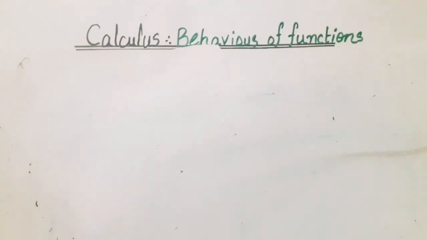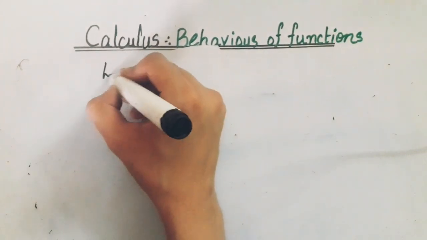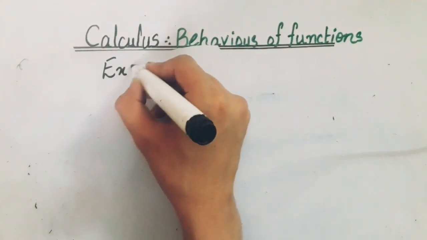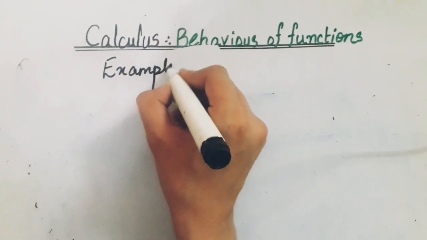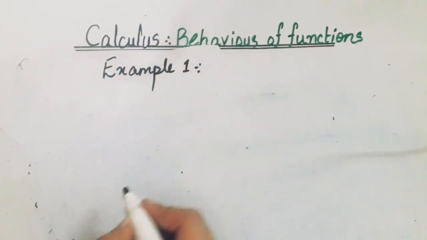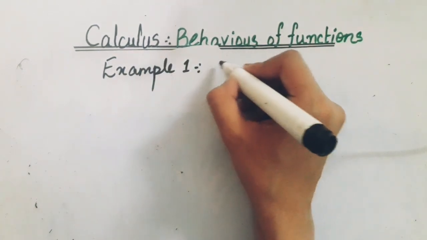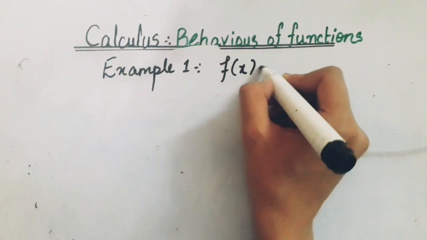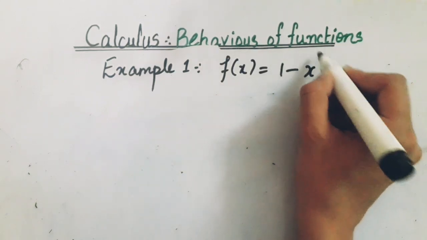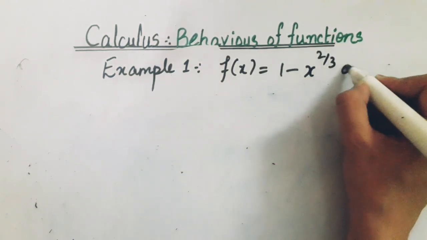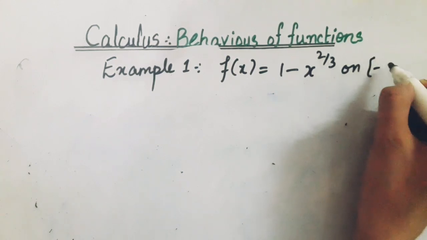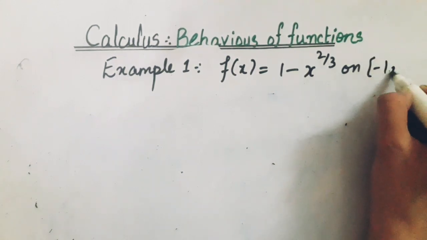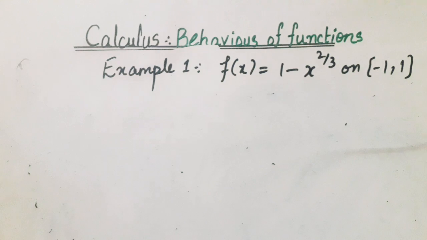Many students ask how we apply these concepts. The example is f(x) = 1 − x^(2/3), which is continuous on the closed interval [−1, 1]. We will verify the theorem on this.